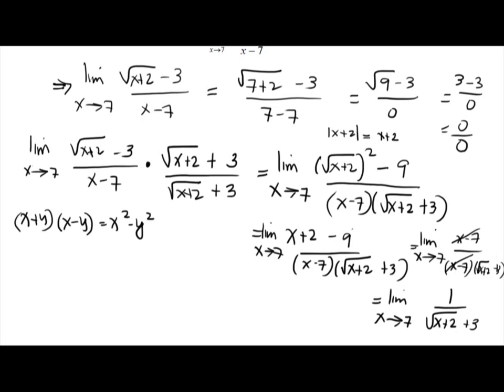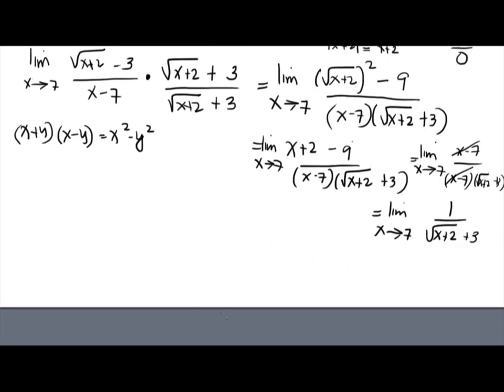And once you have simplified the expression, you can now try substituting the number. So you use the substitution method, you place the number on the x, and this will become 1 over the square root of 7 plus 2 plus 3. So this is 1 over square root of 9 plus 3, which is 1 over 3 plus 3, or 1 over 6.